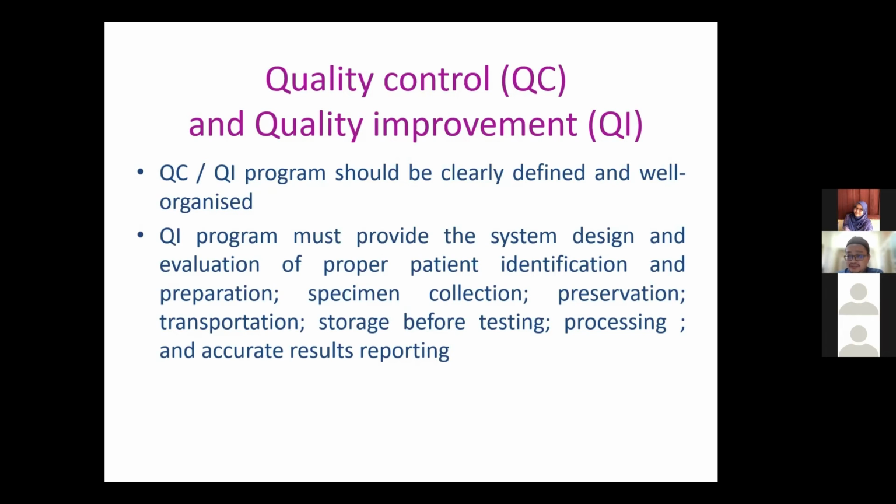So SASMAC contoh dia nak dapat ISO tu, dia kena implement quality control, kena implement quality improvement. Okay, maknanya kalau dia ada QC tu, QC tu sendiri kena being ready, being prepared to be improvised, to have channel for improvement. Then only the ISO people will allow the certification.